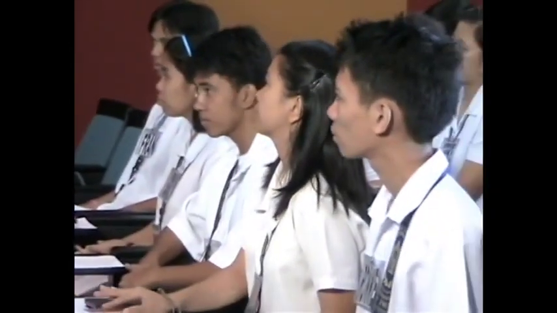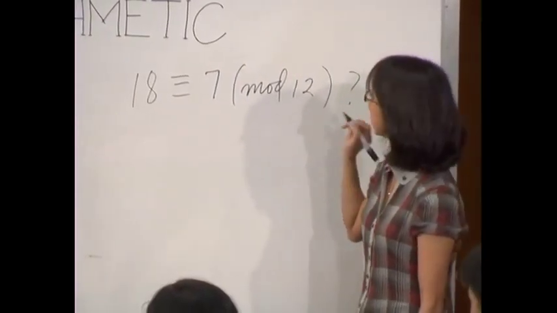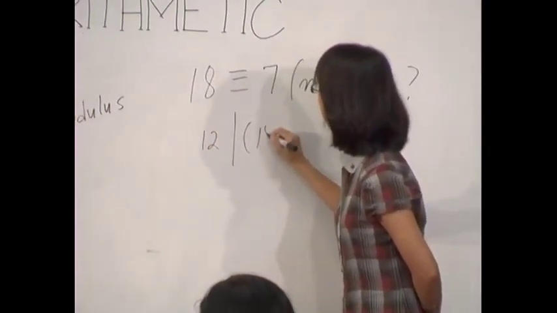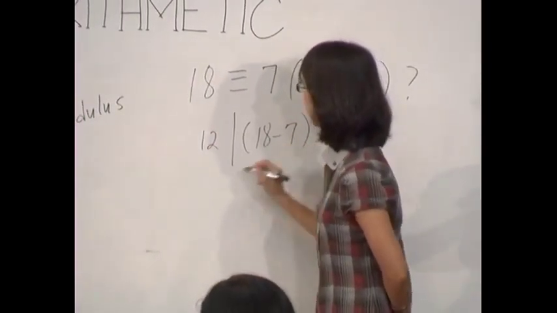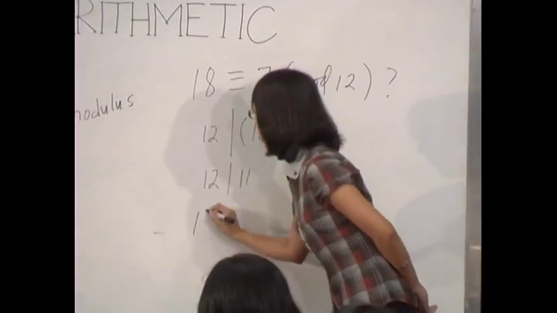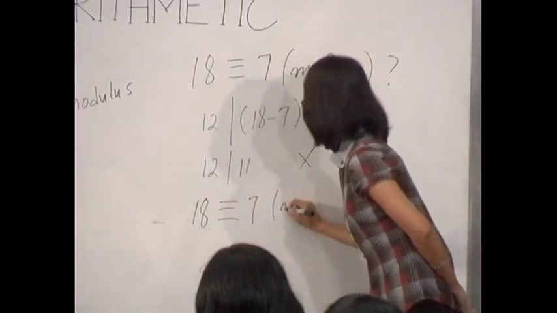Let's check. Is 18 congruent to 7 modulo 12? What do you think? It's not. It's not? Okay, let's check. Does 12 divide the difference 18 minus 7? Meaning, what's 18 minus 7? 11. Does 12 divide 11? No. Therefore, we say that 18 is not congruent to 7 modulo 12.